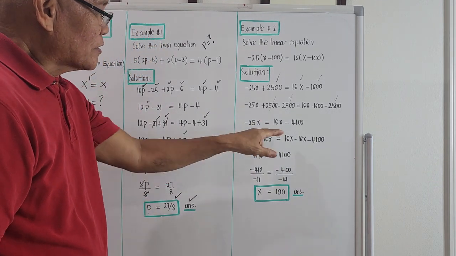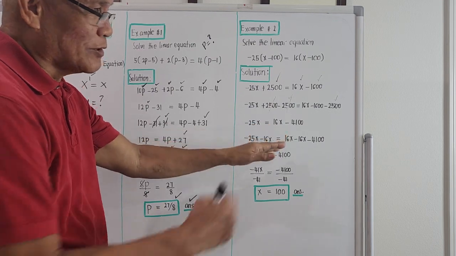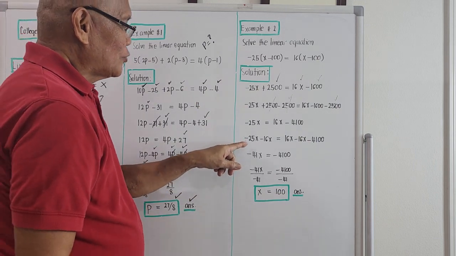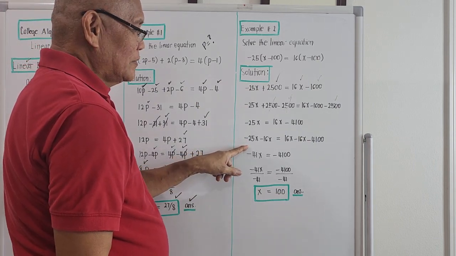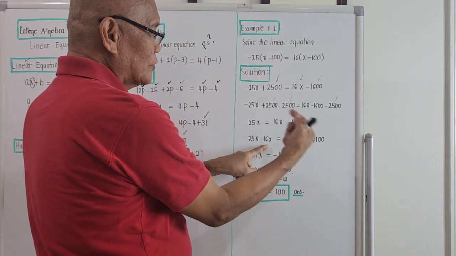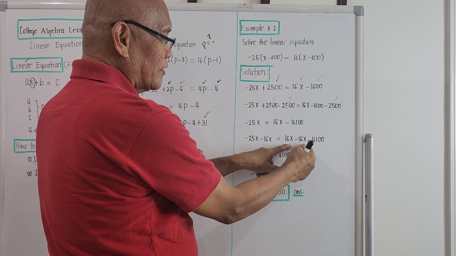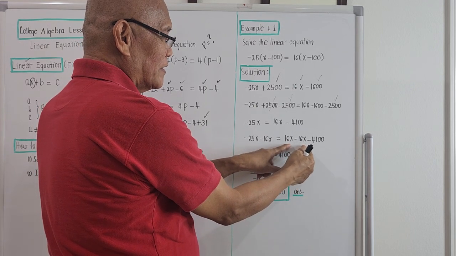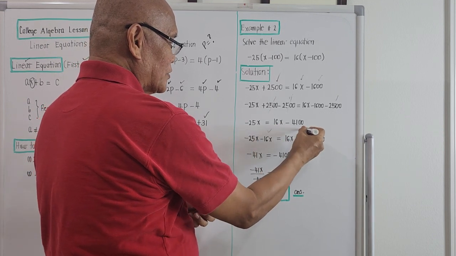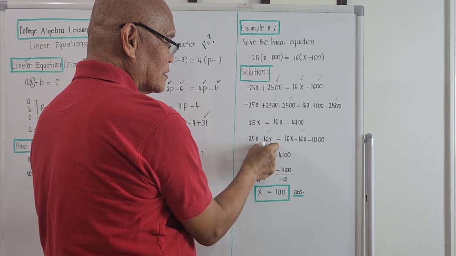Okay. There is still an x on the right, so we must have to bring this one to the left. So what do we do? Negative 25x. We subtract 16x here. This one, for it to go to the left, okay, we rewrite it, but we must subtract 16x. We subtract 16x, we subtract 16x.